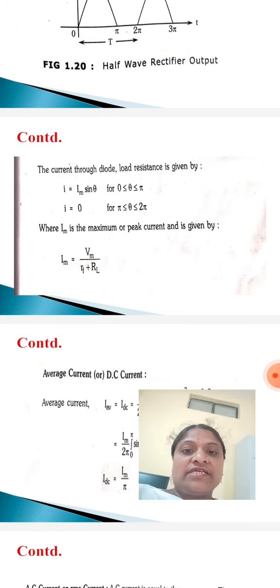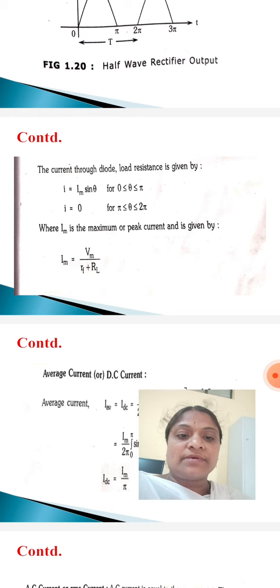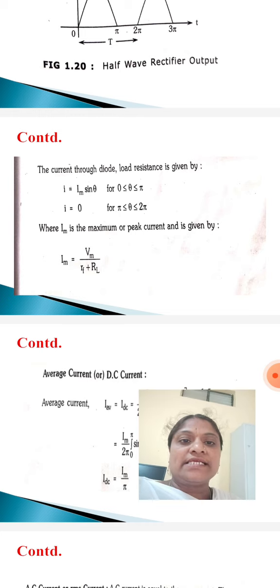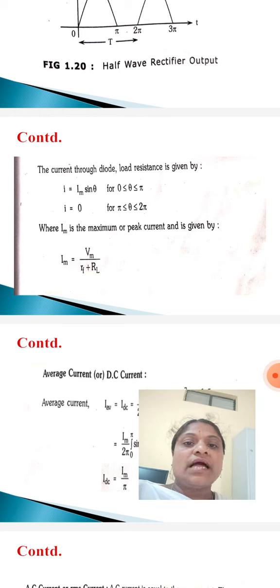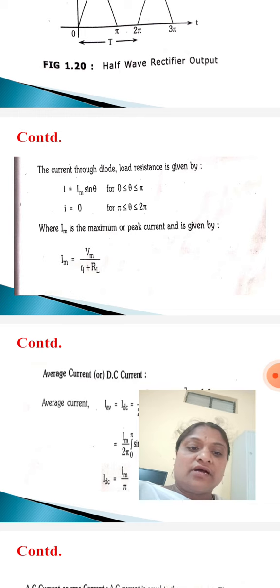Here in this equation, Im is the maximum current or peak current, and is given by Im = Vm / (RF + RL). You can use Ohm's law for this formula.